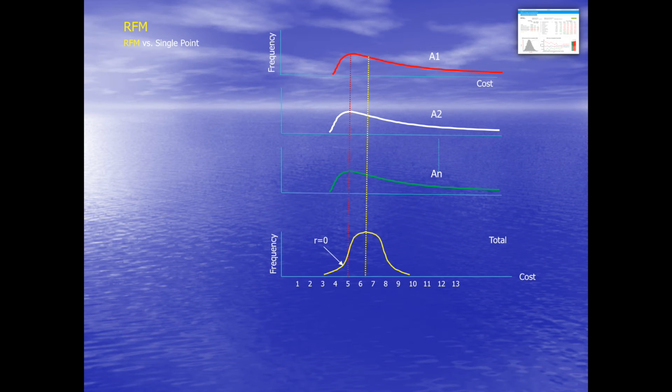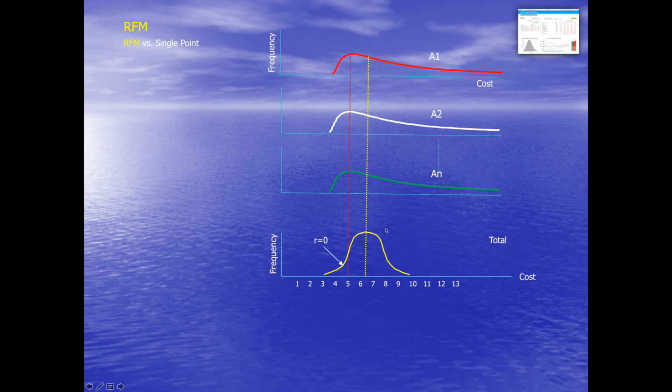I'll go back. The most likely point moves from 6.4 to 7, and the resultant frequency curve becomes no longer bell-shaped but is skewed towards a higher value. So the P50 is actually over here.